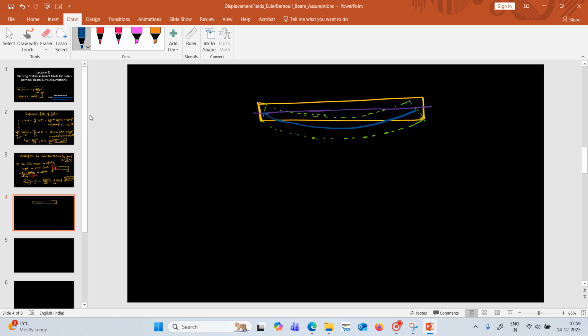Now, what is this w of x comma z? First of all, this is along x, and this vertical is the z direction. So the displacement along the transverse direction, the z direction, is w. Transverse displacement. What it states, if you see, w of x comma z equals w naught of x.